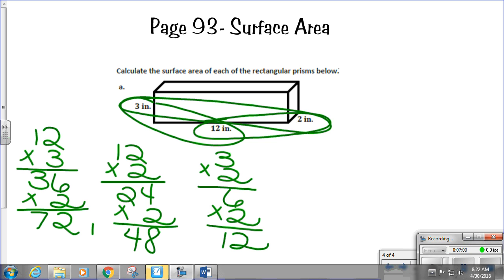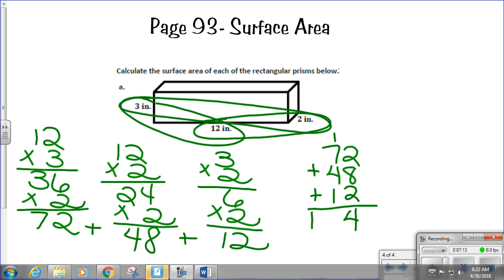Add them. 72 plus 48 plus 12 is 132 inches squared.